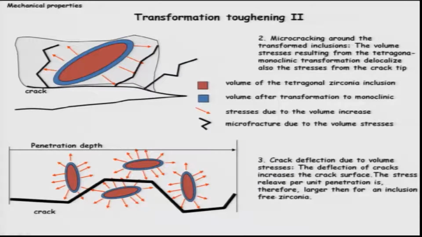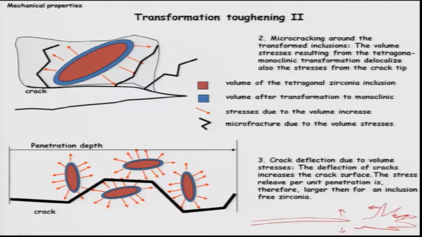The second way of doing this is another way. You can also have micro cracking around the transformed inclusions. Let me explain to you. If I have one crack going like this, then moving the crack requires tensile stress. Instead of that, if this crack becomes like this, many micro cracks form, branch micro cracks form.